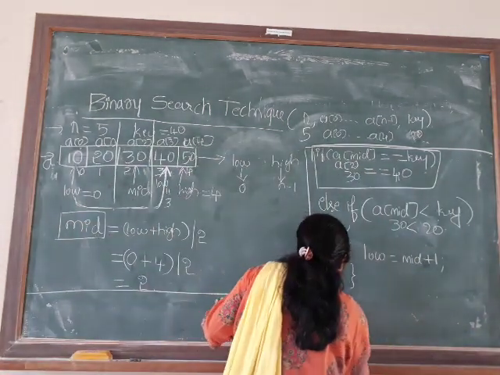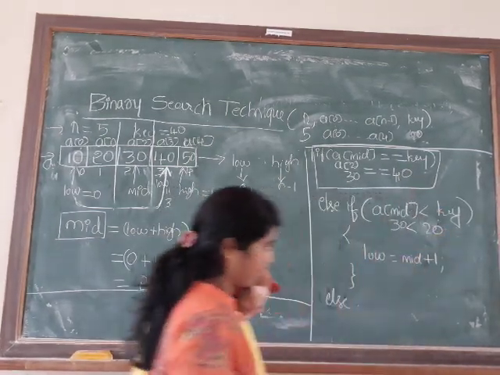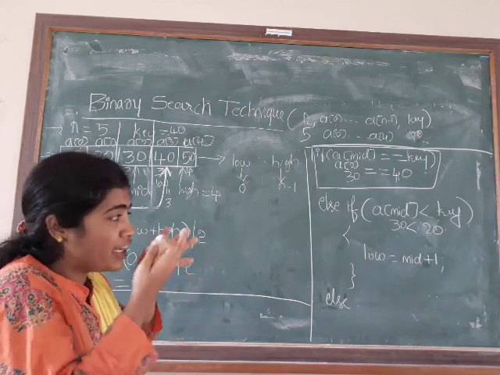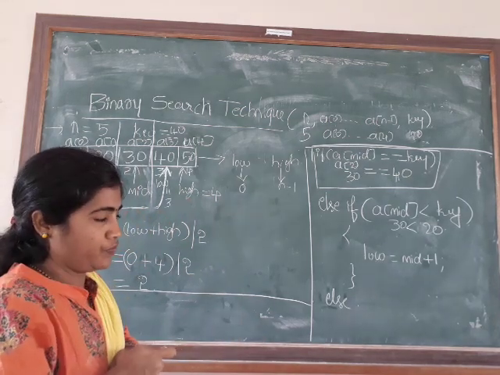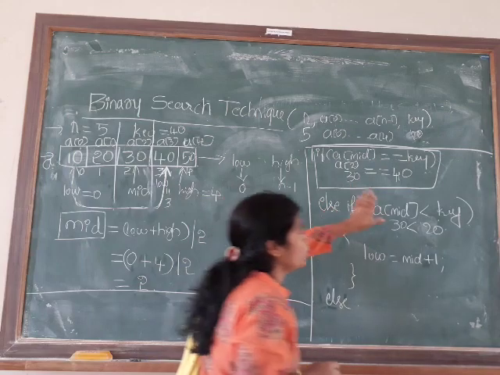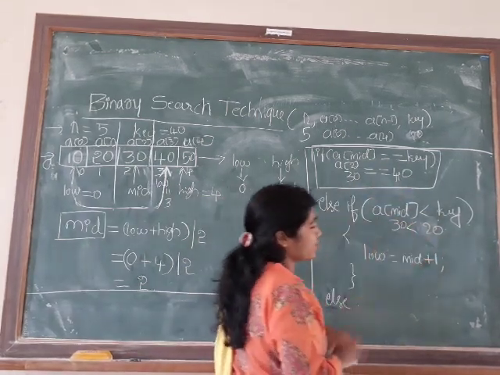So in that case, the mid value is not less than the key; the mid value is greater than the key to be searched. You people are understanding? The mid value is greater than the key to be searched.